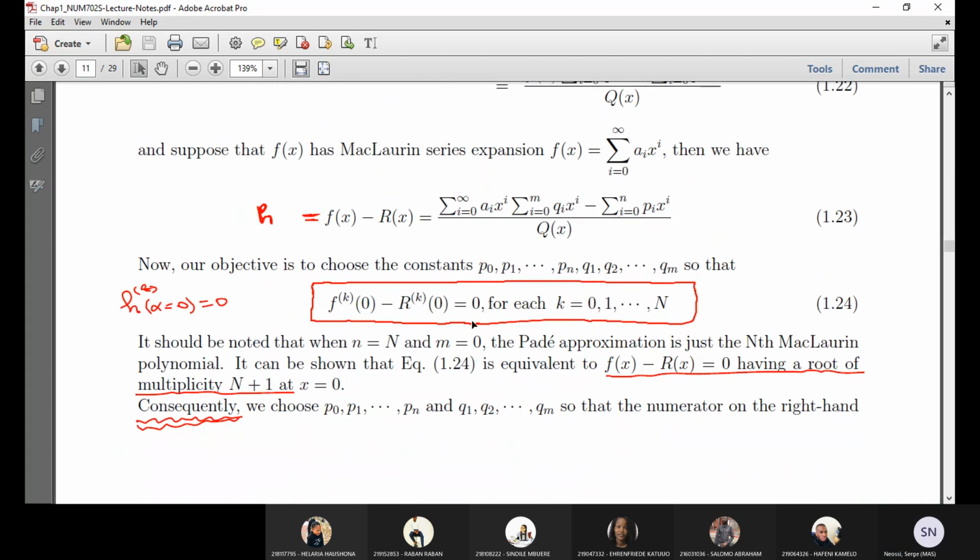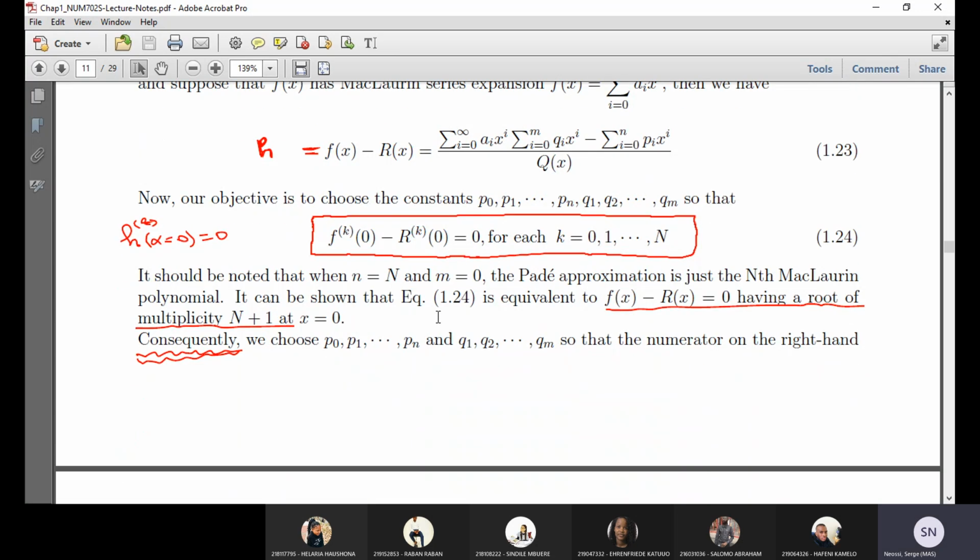Similarly, if the multiplicity is N plus 1, it means that in the numerator, the non-zero term should start from capital N plus 1. Consequently, we can set the numerator to be 0 for all the coefficients k running from 0 to capital N.